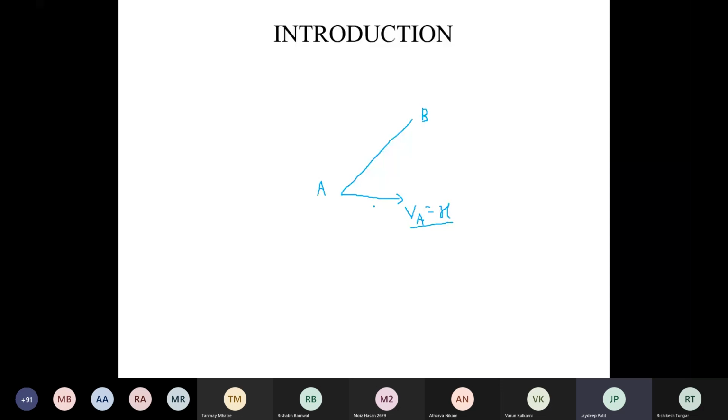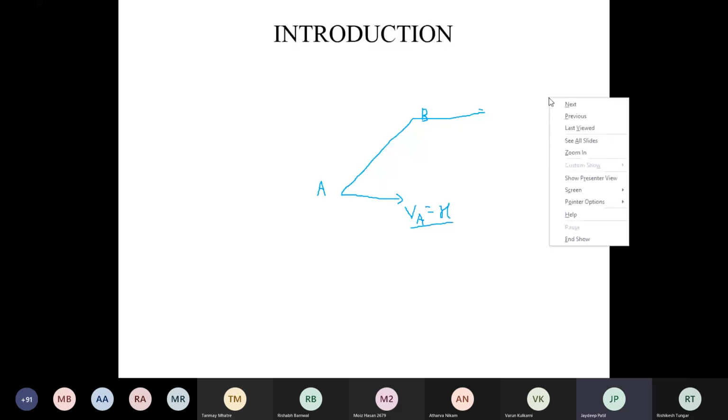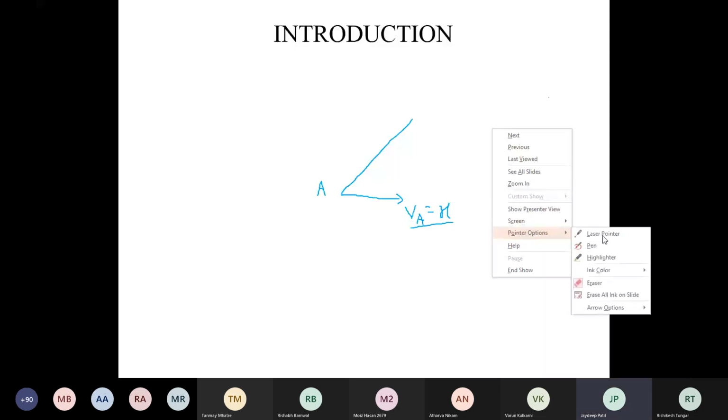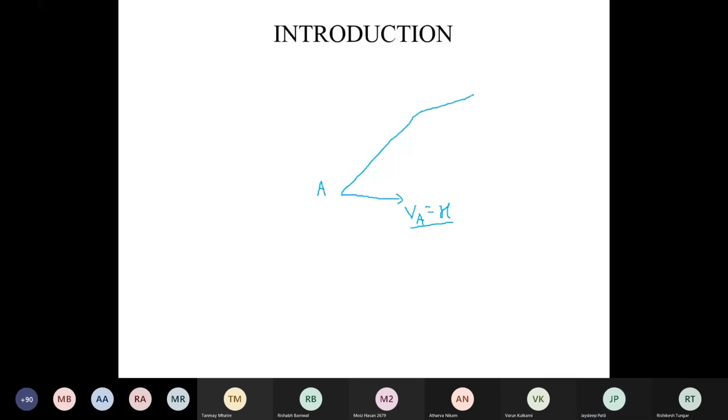Direction is towards the right-hand side and magnitude is x, and velocity of B is known in direction only. Suppose here is the velocity of B. Got it? Now I have to find the magnitude of the velocity of B.